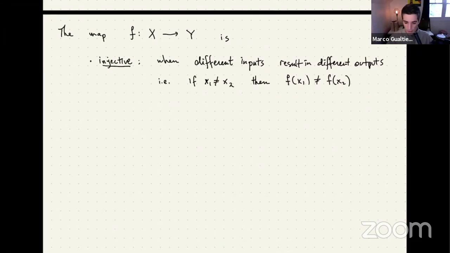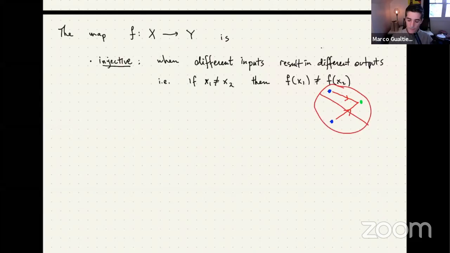Let me maybe draw a picture. In other words, this is forbidden. You cannot have two points being sent to the same point.